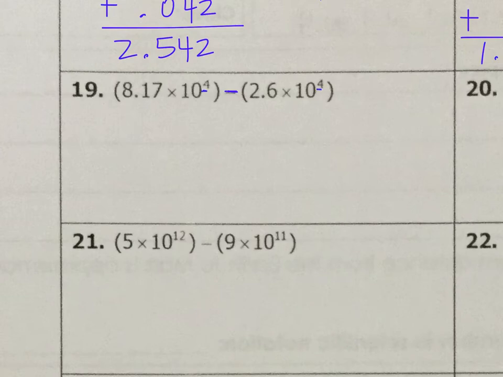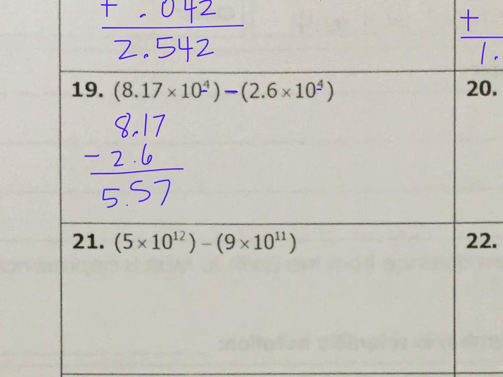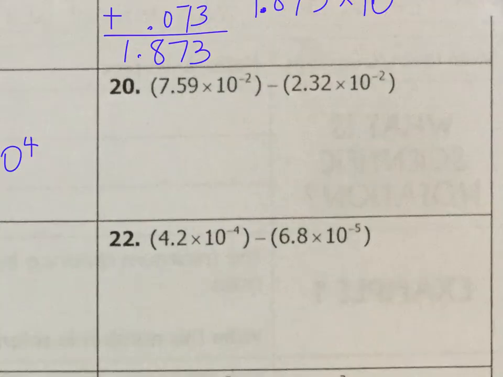10 to the 4, 10 to the 4. That's the same. I'm just going to subtract it. 8.17 minus 2.6. When you subtract those in your calculator, you get 5.57 times 10 to the 4th. All right, same thing.